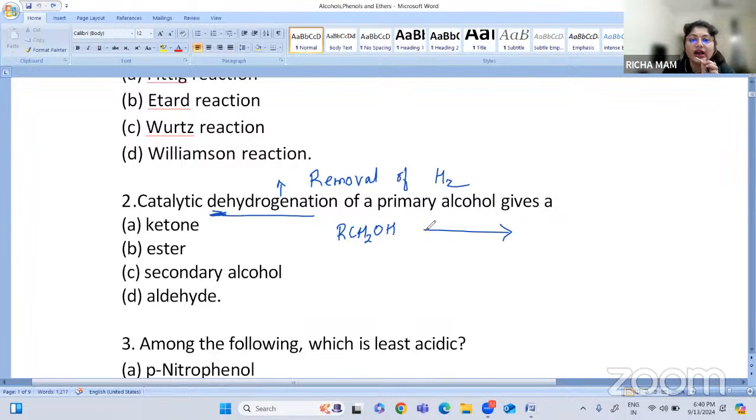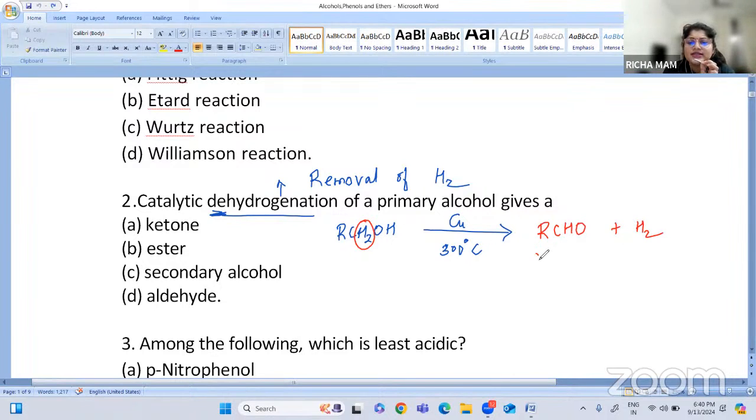So here we are removing the hydrogen from the alcohol, so we need a dehydrogenating agent. We will take copper at 300 degrees Celsius. When the alcohol reacts with copper and we remove these two hydrogens, we get RCHO plus H2.